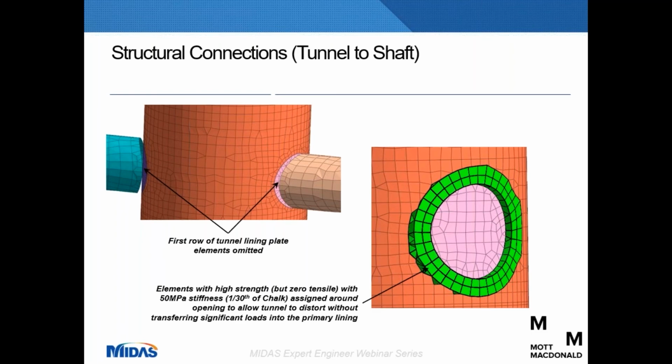And to ensure we maintain stability of the ground across that artificial gap, we updated the properties of the in situ chalk local to the opening, such that they were very, very strong, but still with 0 tensile strength, and relatively soft, so that the tunnel could deform as it wanted to upon contraction without transferring significant forces into the D-wall.